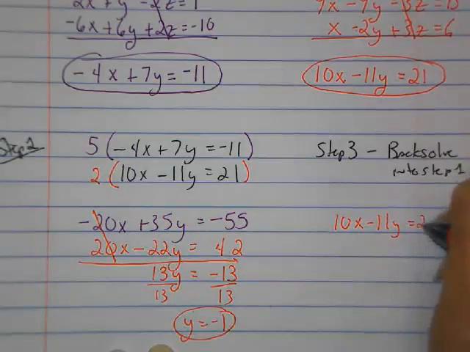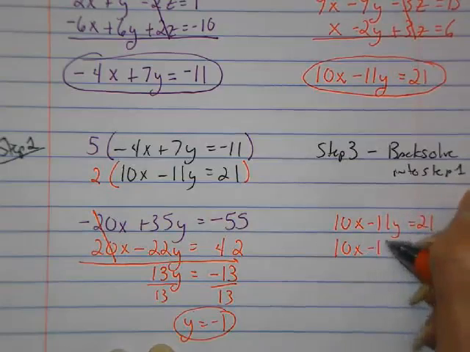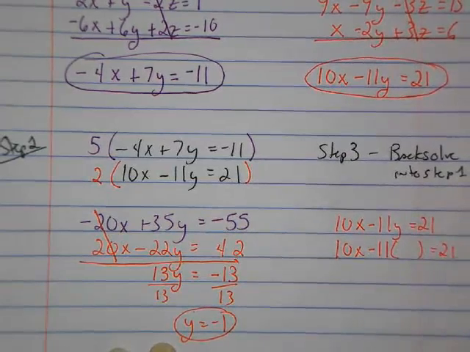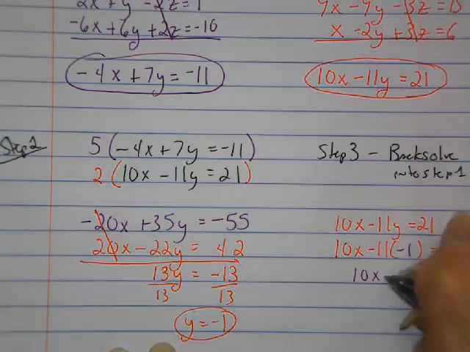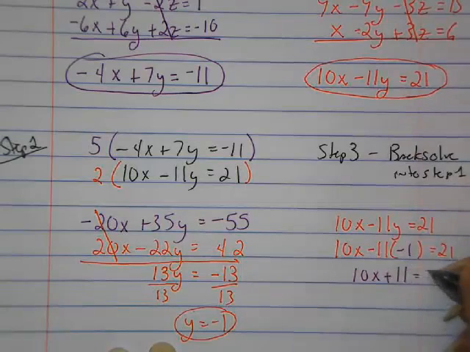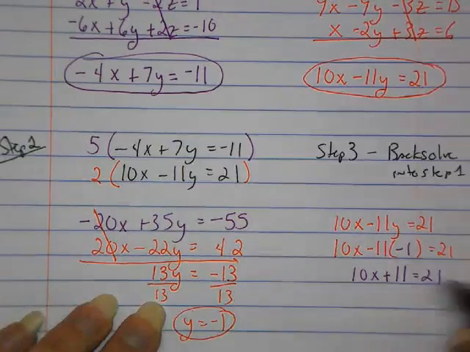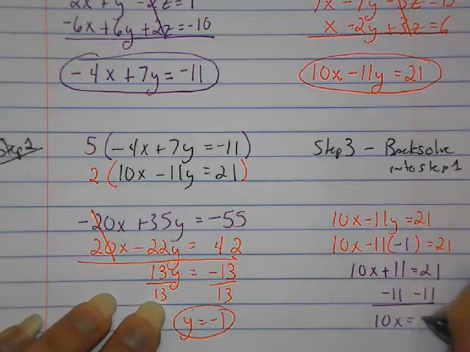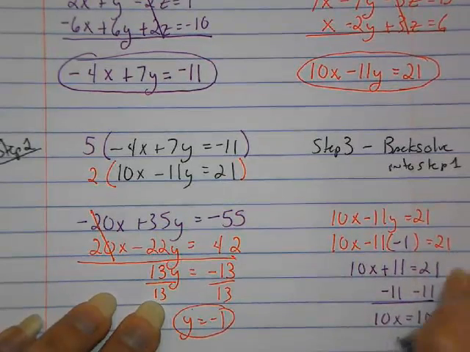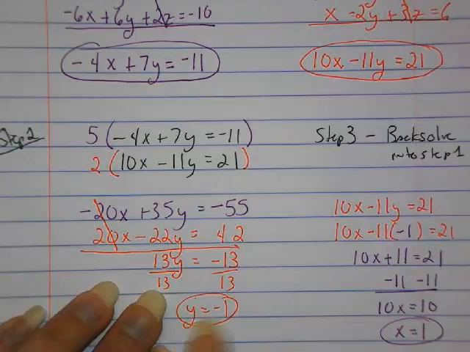We just found out that y was equal to negative 1. So I plug in a negative 1, and I have 10x plus 11 equals 21. And now we're going to go ahead and solve this. Alright, 10x equals 10, so x is 1. Alright, good news. I have 2 of my 3 variables.